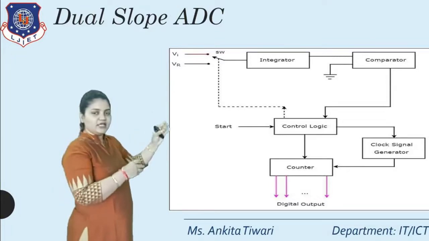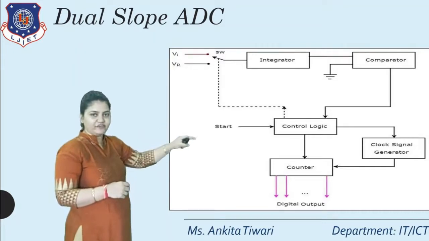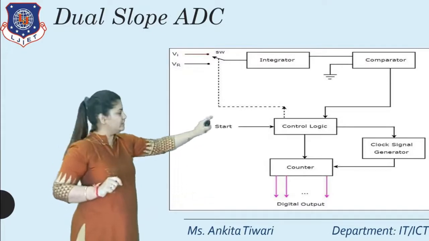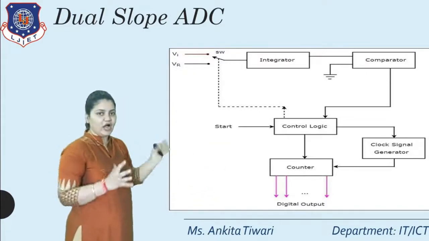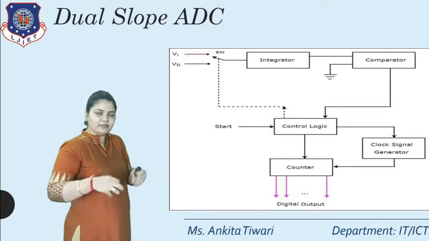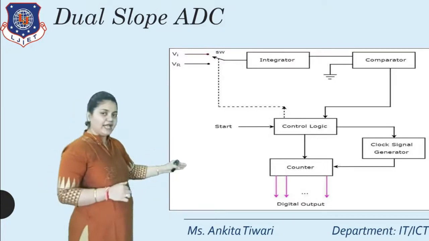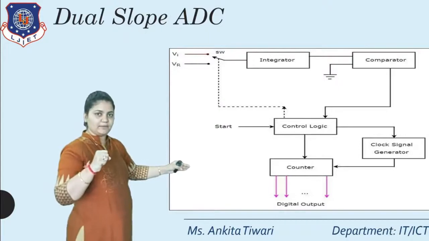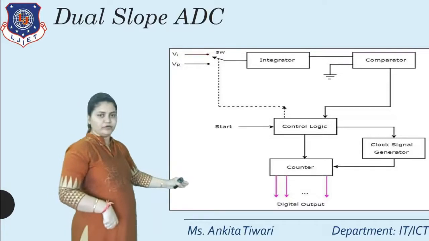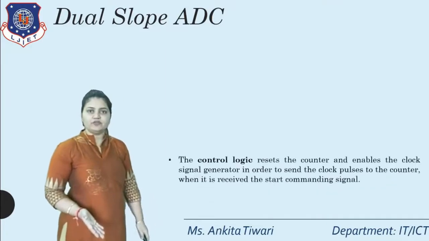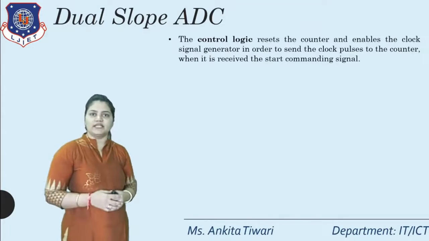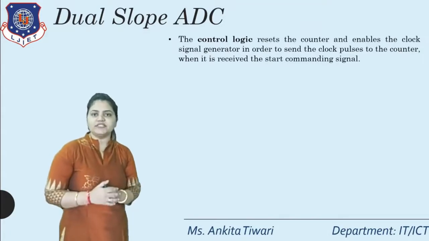When this comparison is done in the control logic, it will start, and it will take clock as an input. Here the clock signal is provided, and with respect to that, the counter value is set in order to find the present and the next condition. So the counter will have, with respect to control logic, the comparison output. It will decide what the present and next output will be. The digital output will be created from the counter. The control logic actually resets the counter and enables the clock signal generator in order to send the clock pulses to the counter.